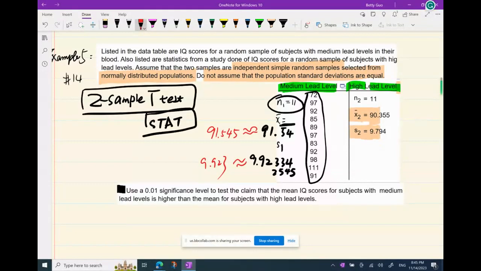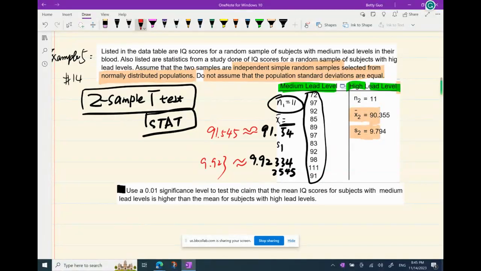N sub 2 is also 11. Double check. Yeah, very important to double check your entry. 91.545, 9.923, 11, 90.355, 9.794, and 11.